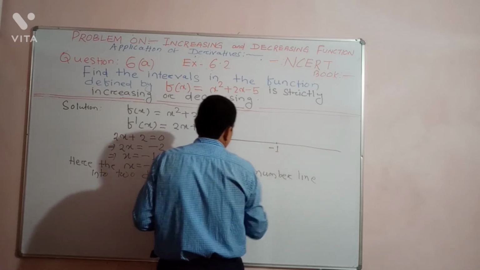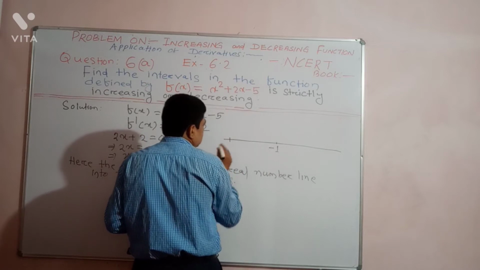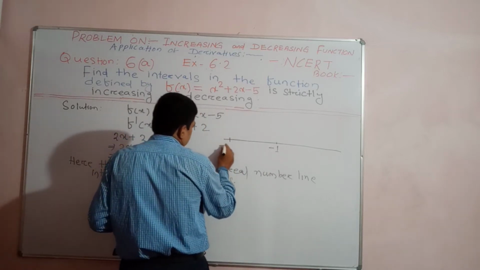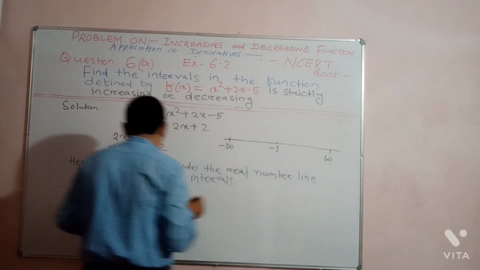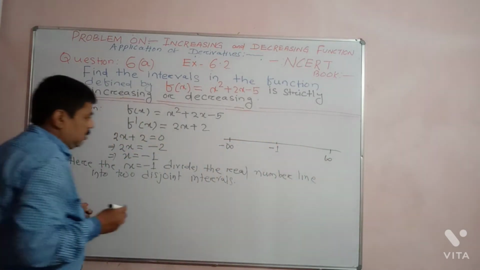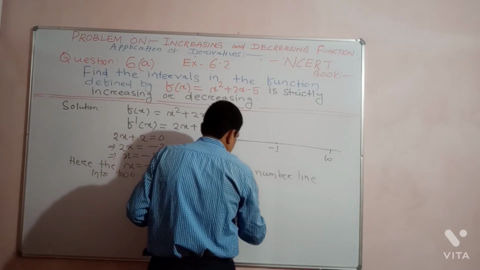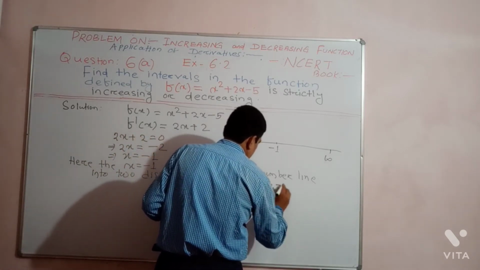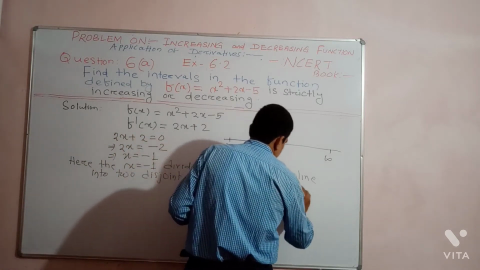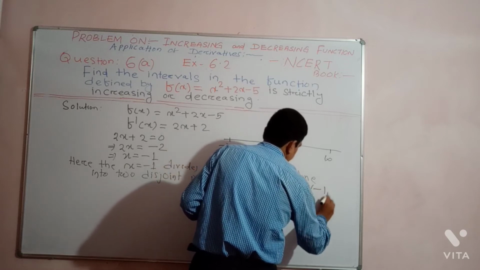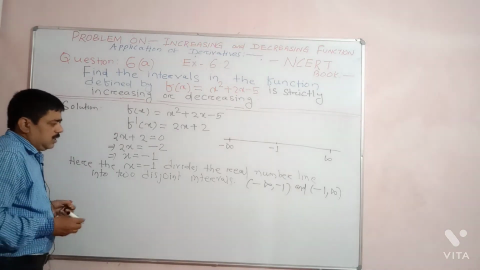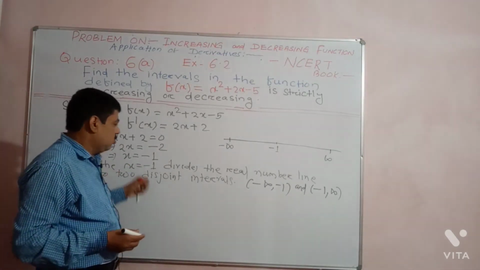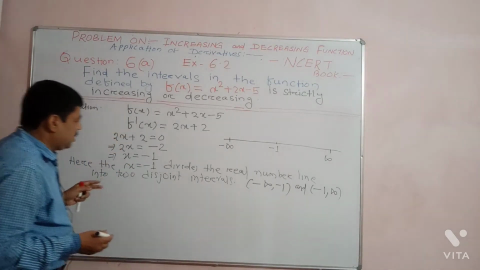It is divided into two disjoint intervals. One is minus infinity to minus 1, and the other is minus 1 to infinity. Two intervals we are getting. So this real number line is divided by x equal to minus 1 into two disjoint intervals.